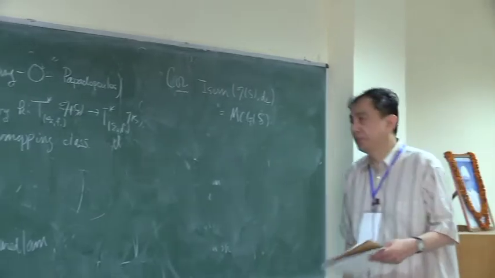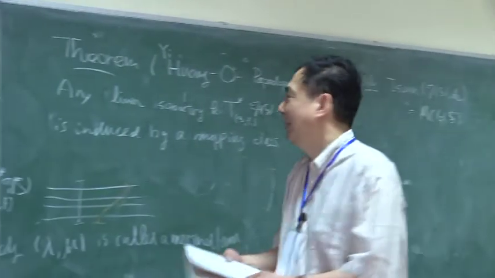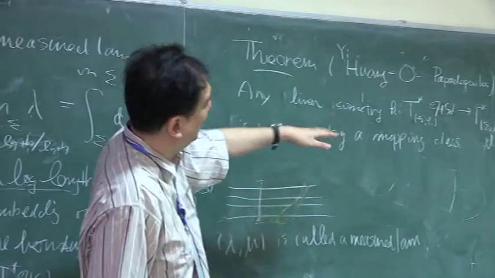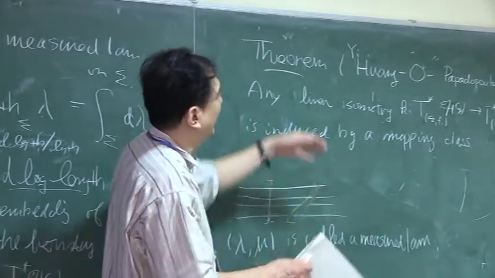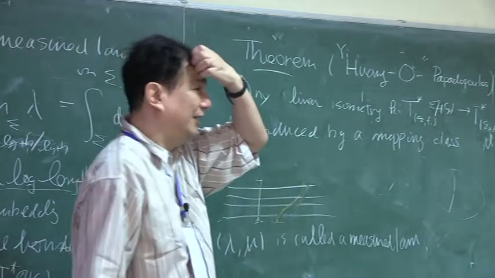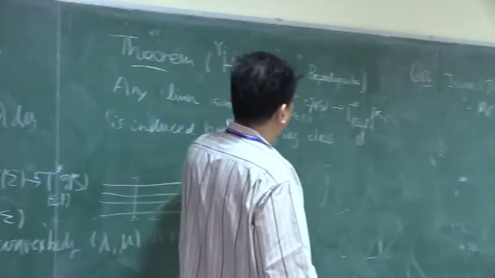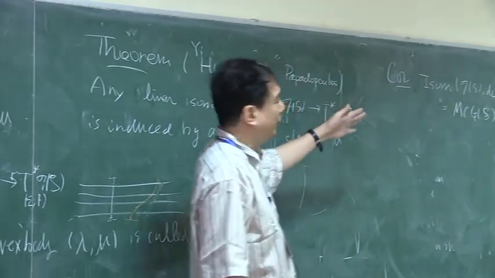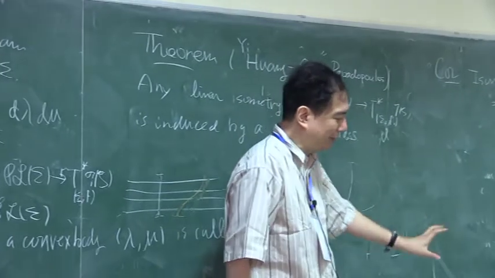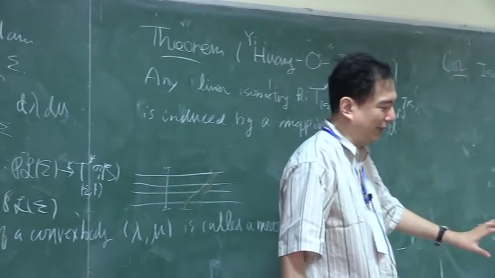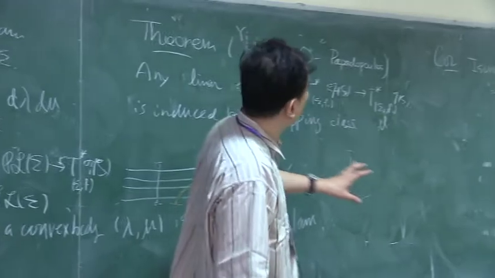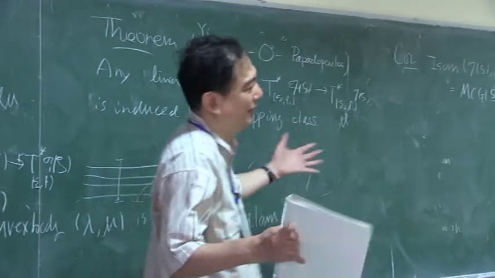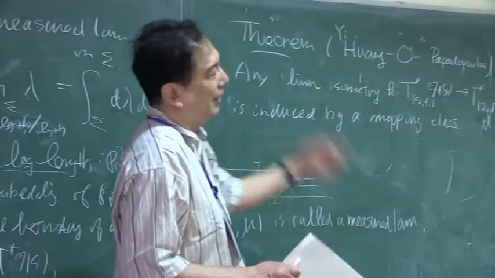The proof is quite the same as in the case of Royden's. If you have such a thing, you compare these two, and they take the same point to the same point, and also the tangent. So it acts on the tangent space by the same linear map. Then the direction of the geodesic is the same. So it gives the same isometry.